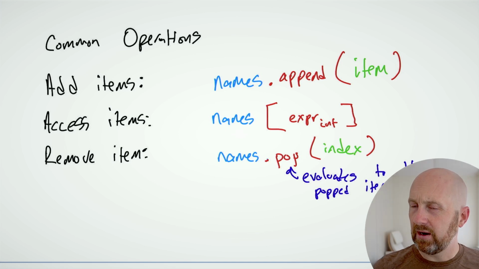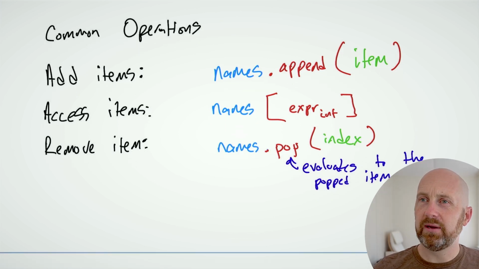Okay. So what else might we want to be able to do? Well, if we're going to write a loop that's going to iterate over each index in a list, we probably need to know how many elements this list has.